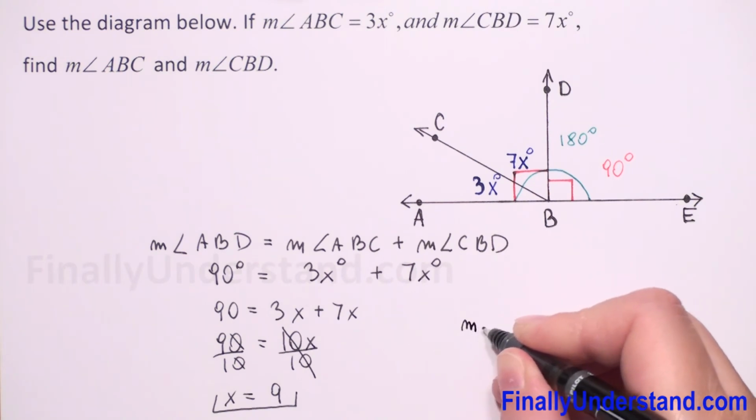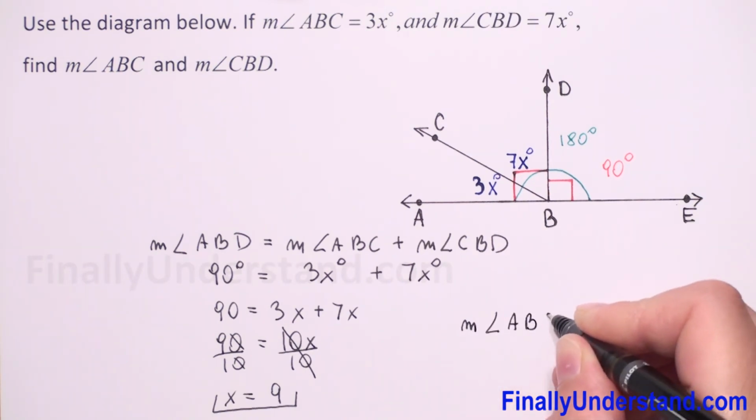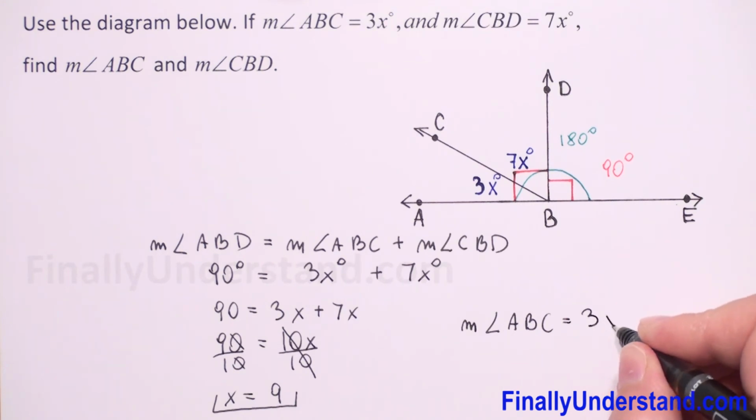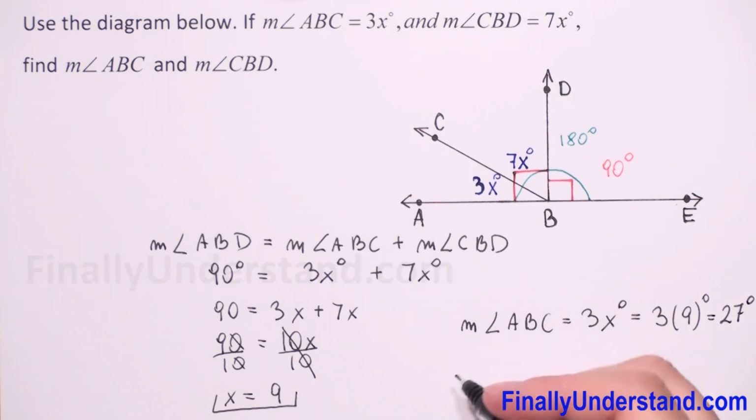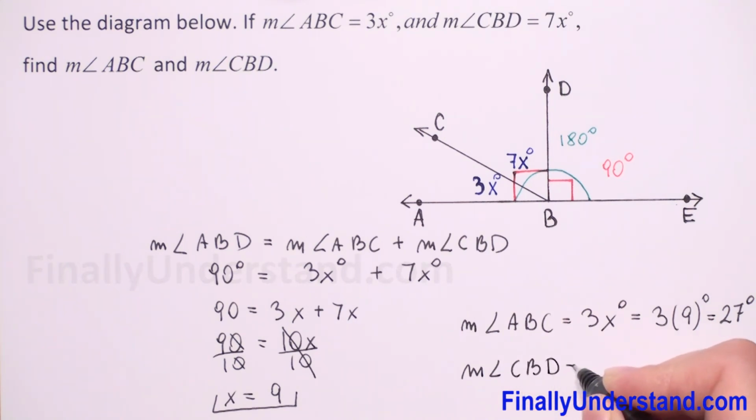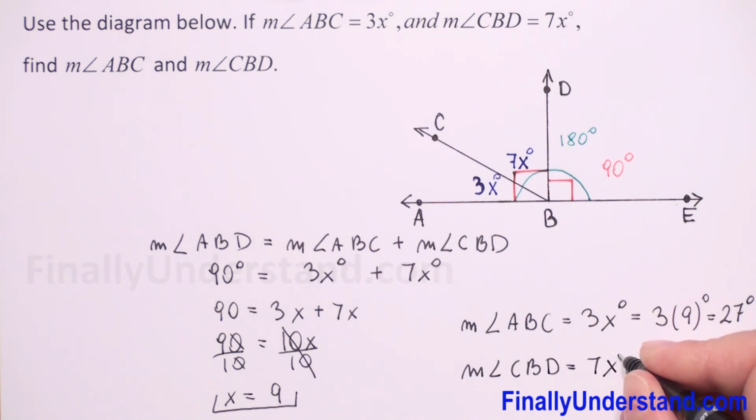So the measure of angle ABC is equal to 3x degrees, so this is equal to 3 times 9 degrees, so this is equal to 27 degrees, and the measure of angle CBD is equal to 7x degrees, so this is equal to 7 times 9 degrees, so this is equal to 63 degrees.